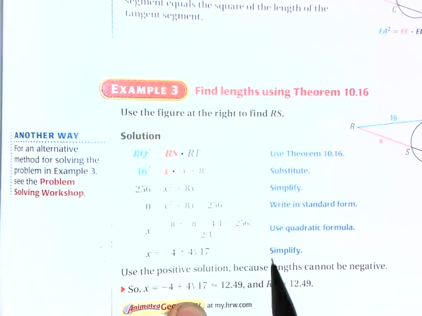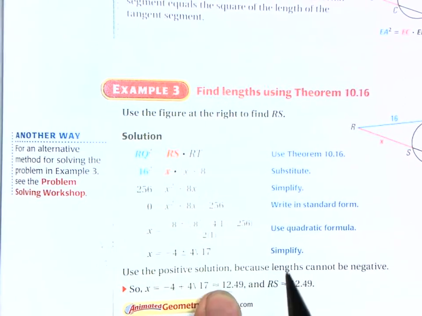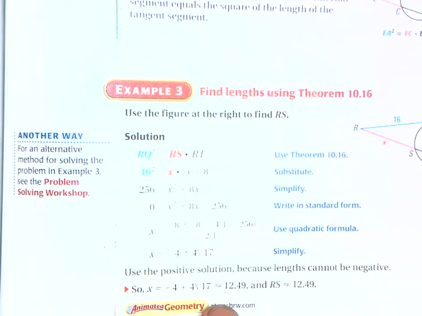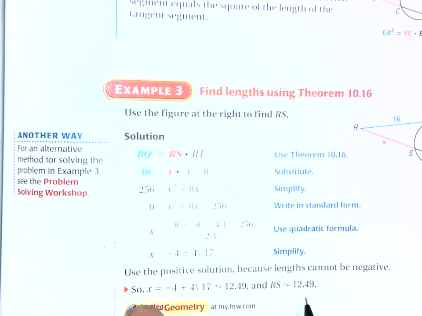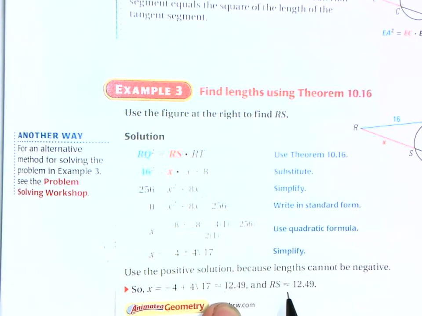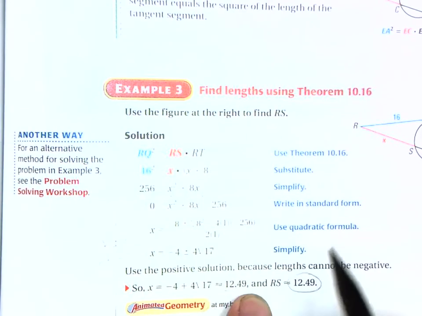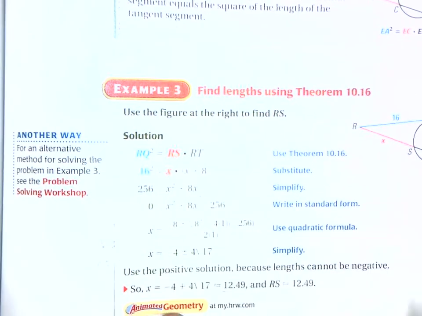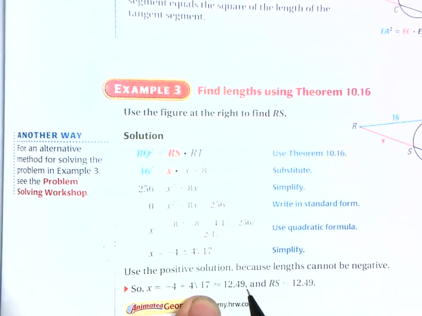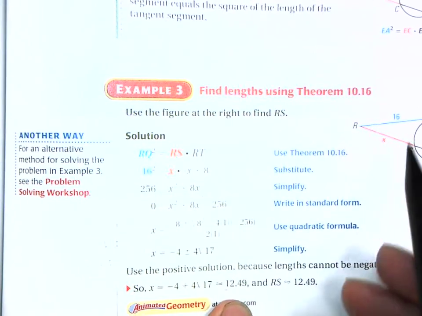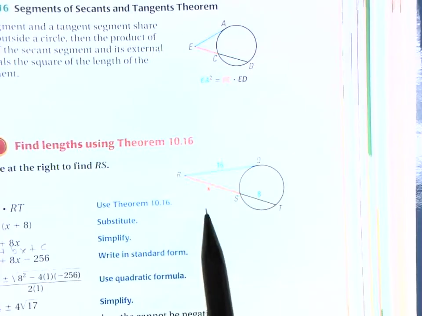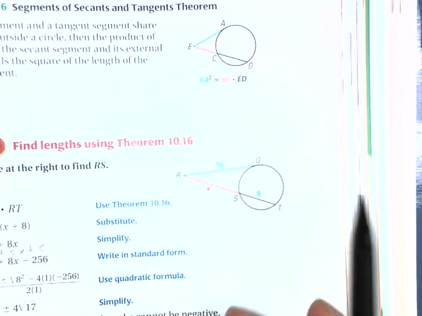You can see it's approximately 12.49. Oh, the positive value, that makes more sense. So the plus value is the only one that gives you a positive number, and that is the length. So that is the value of x, and that is the length of segment RS.